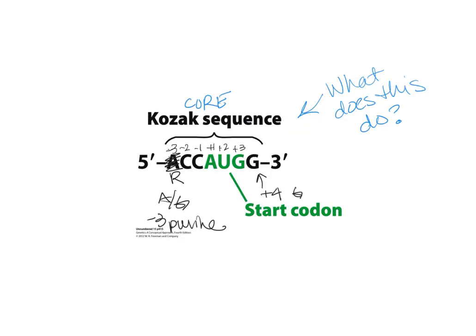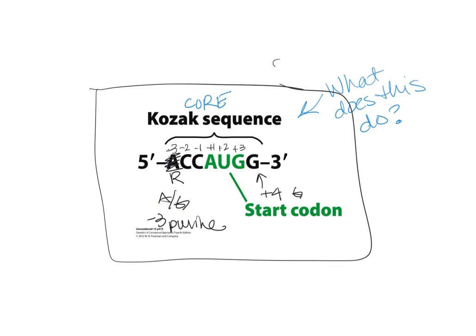All right, Kozak sequence. This is similar to the Shine-Dalgarno. So analogous, not homologous, similar function, except it's right around the first AUG.